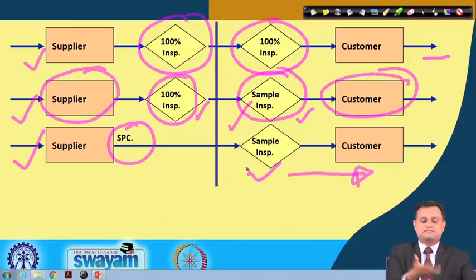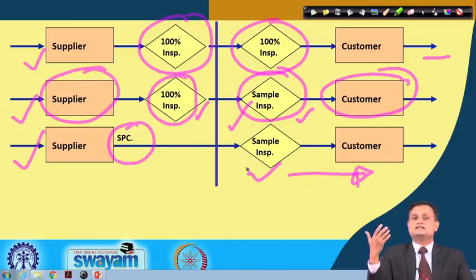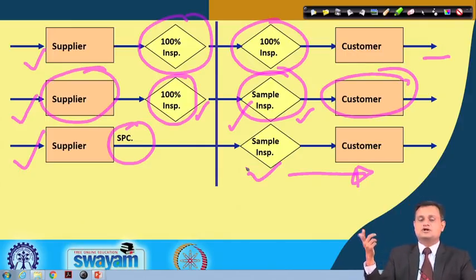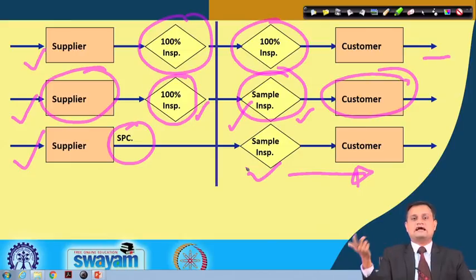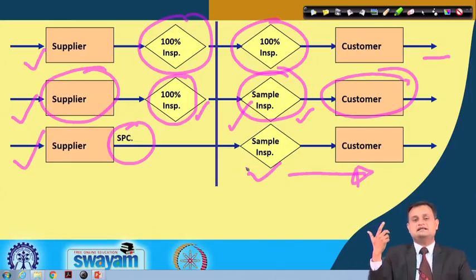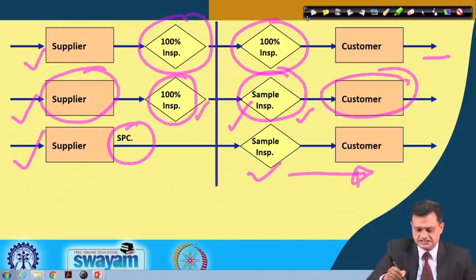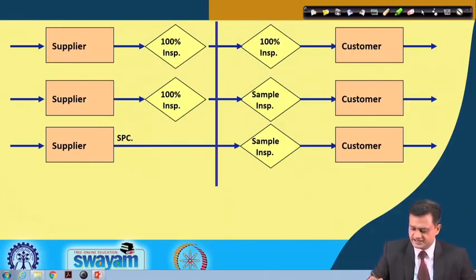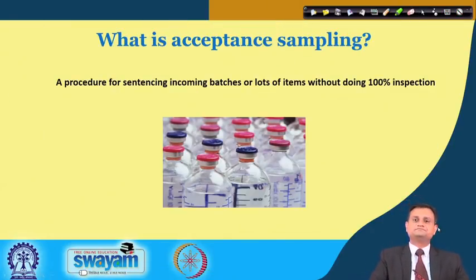Similarly, if my supplier establishes SPC, then with better control, I can reduce my inspection effort and feel equally confident in accepting or rejecting the incoming or outgoing quality. This is where we appreciate the importance of acceptance sampling.